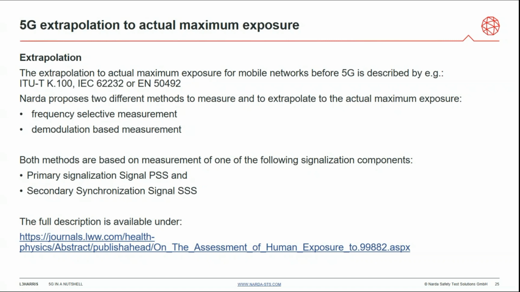Therefore, the ultimate method eventually will be the second, the demodulation based measurement. Both methods are based on measurement of signalization components, which are the primary synchronization signal and the secondary synchronization signal, the PSS and the SSS.